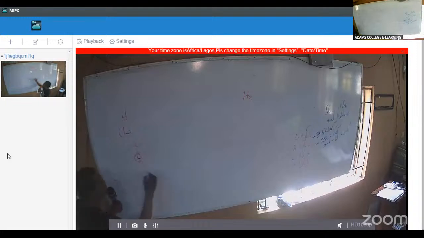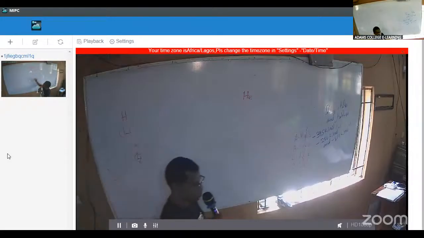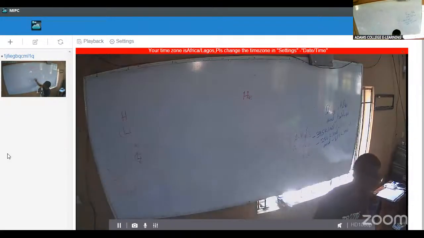In this group, who is the most reactive metal? Let's forget about rubidium and cesium. In the first 20 elements, who is the most reactive? Potassium. Why? Because it has the largest size and is willing to give electron.